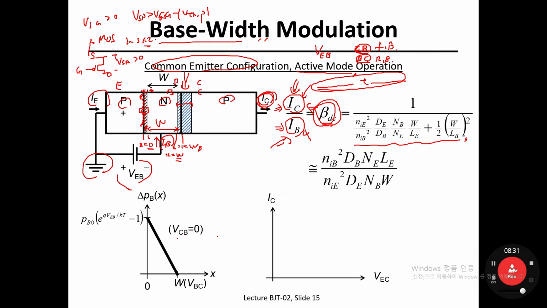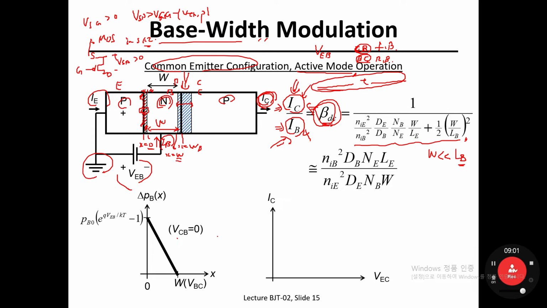Since the PNP BJT has been appropriately designed by a well-trained engineer, most likely the quasi-neutral base width should be much shorter than the minority carrier diffusion length in the base, which means the hole diffusion length, because this is an n-type base, right?